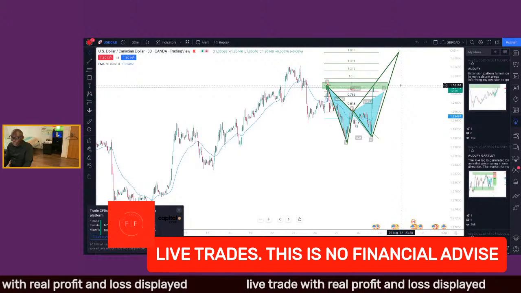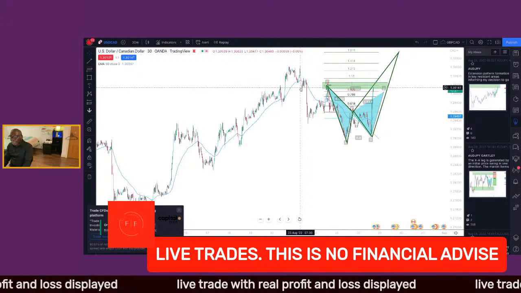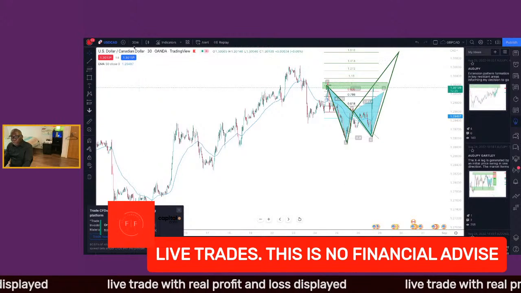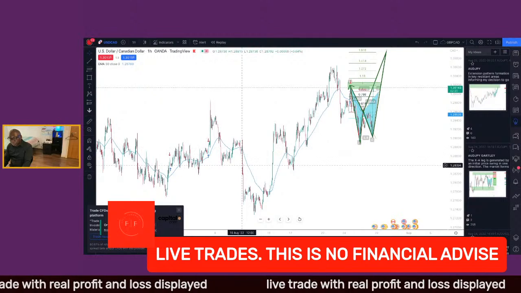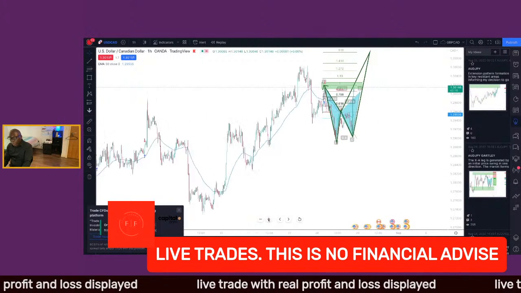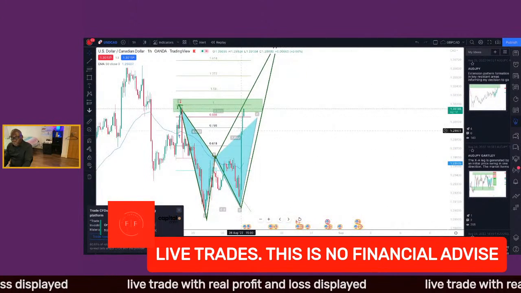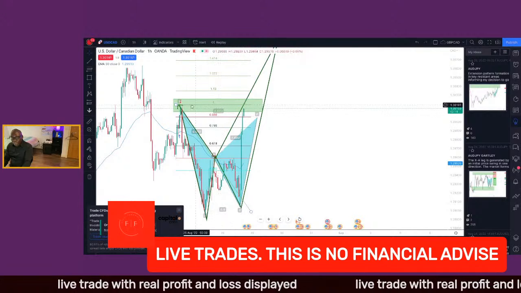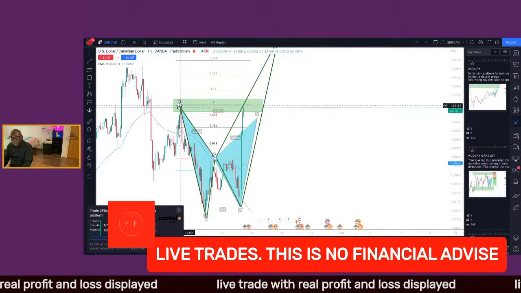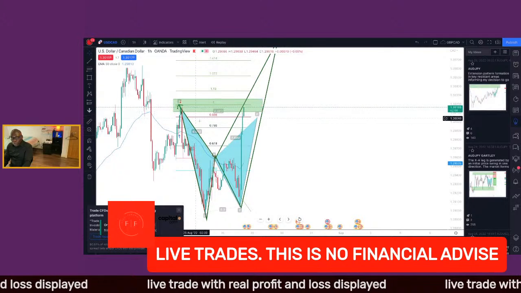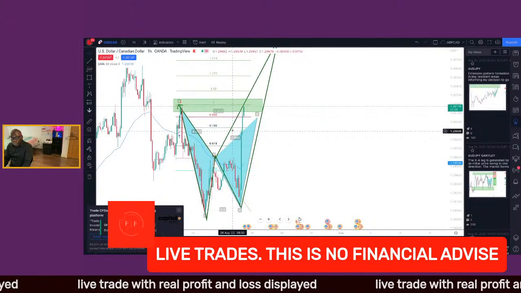But having said that, harmonic patterns aside, if I go to maybe an hour time frame, you can see here that when price hit this area, it had a complete reaction to it. So price might hit this section and go right back down, very similar to this.